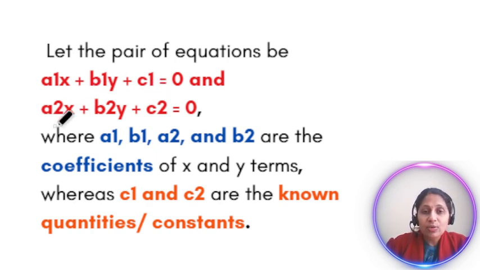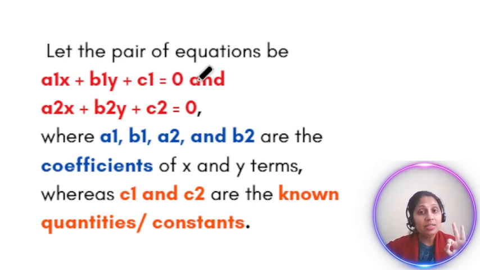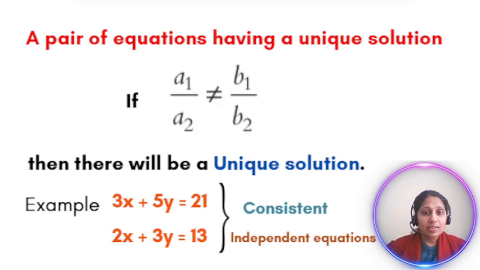Whereas a2 is the coefficient of x of the next line, b2 is the coefficient of y of the next line, and c2 is the constant or the known quantity. If these are clearly known from the equations, then there can be three possible outcomes, as I told you. The first one is a pair of equations having a unique solution.